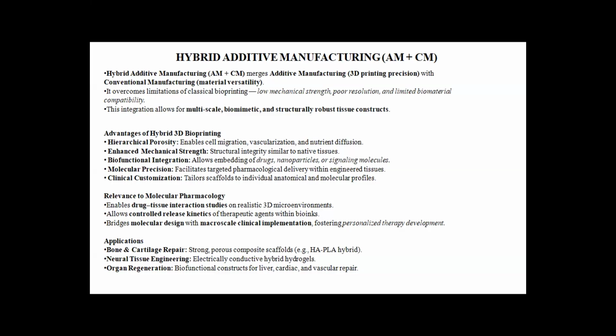It offers a wide range of advantages, including enhanced mechanical strength, improved biofunctionality, and greater molecular precision. In the field of molecular pharmacology, its relevance is extensive, like drug tissue interaction studies, controlled release kinetics, and micro scale clinical implantation.